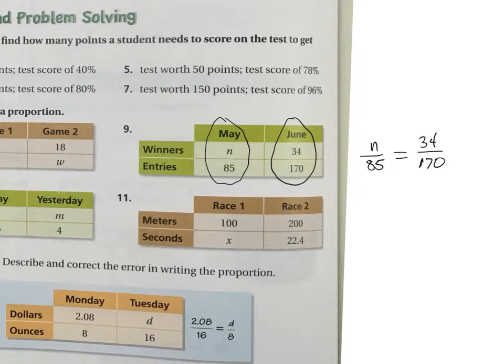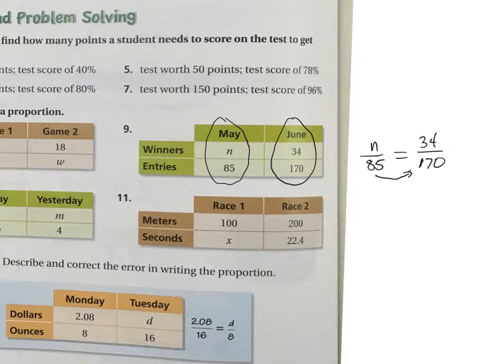So on this one, the mental math was 85 times what is 170? Is 85 times 2 is 170, right? So 34 divided by 2 should be n, because 85 times 2 is 170. So I was doing my head math there.